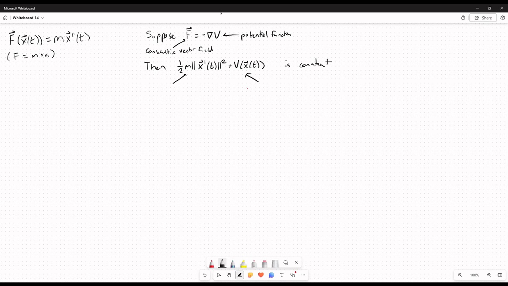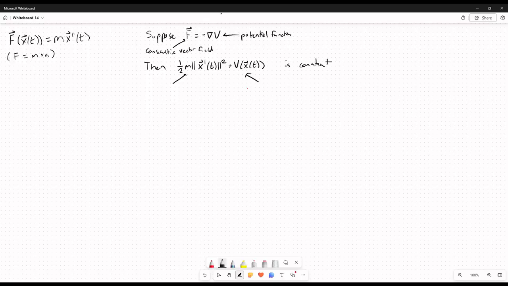In this case, what that means is that 1/2 m times the speed squared plus the potential function is constant. How does this translate to what you might expect? Well, 1/2 times mass times the speed squared is what we call kinetic energy.